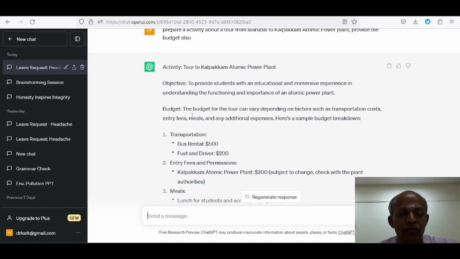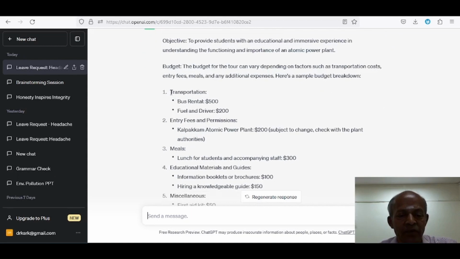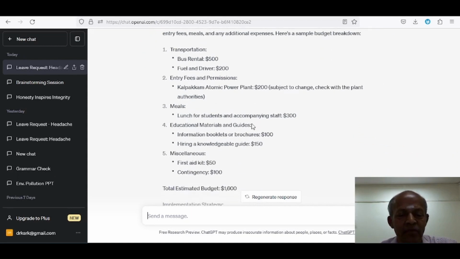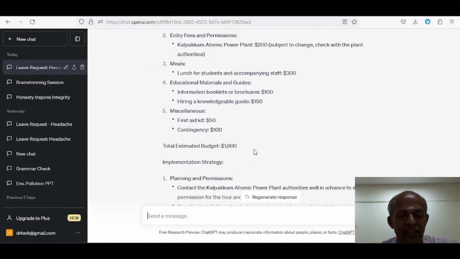Now you see, it has given a perfect tour plan. The objective, the budgeting. It has provided the transport budget and entry fee, the meals and educational material, miscellaneous, everything. And actually it has given it in dollars.